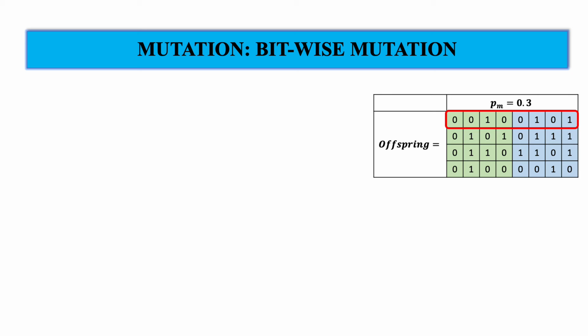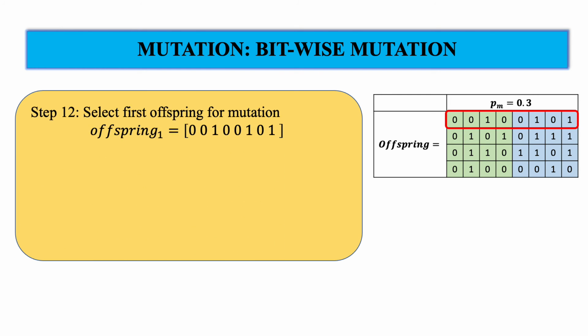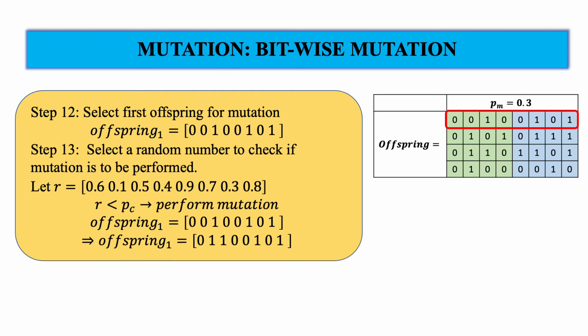Since every member has to participate, first we will take the first member, and for this we have to generate 8 random numbers because the string length is 8. So we have randomly generated 8 different numbers between 0 and 1, and now we will compare them with our mutation probability, which is 0.3.